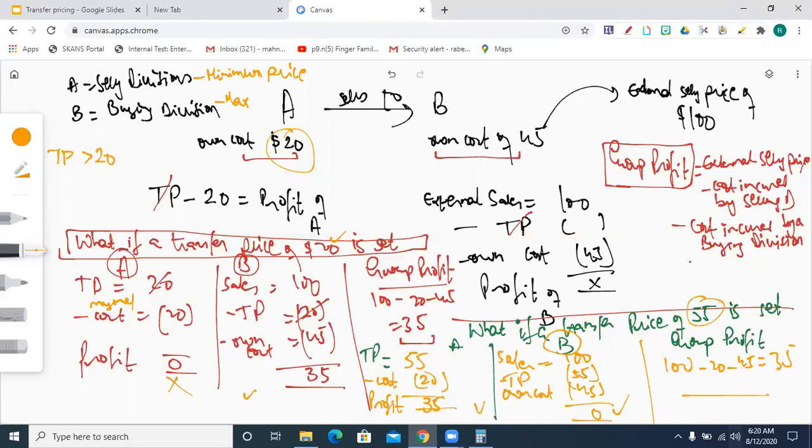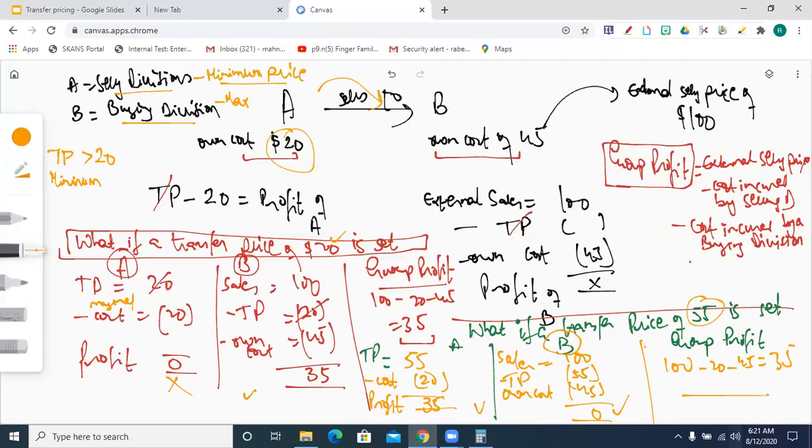And he would be more than happy if the price would be somewhere less than 55. So in this case, the minimum transfer price would be greater than 20, so as to motivate the selling division to sell to B, and it should at least cover its own marginal cost of 20. The maximum transfer price would be set by the buying division, because here at 55 he's at 0.